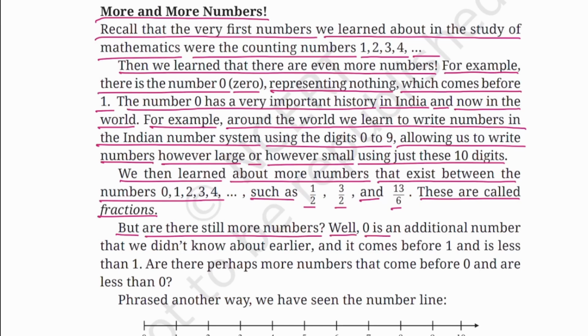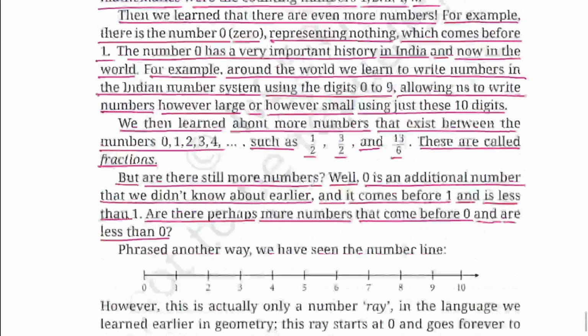Well, 0 is an additional number that we didn't know about earlier, and it comes before 1 and is less than 1. Are there perhaps more numbers that come before 0 and are less than 0?